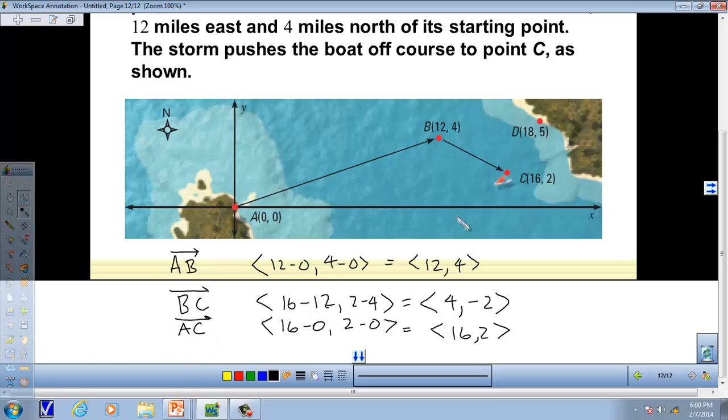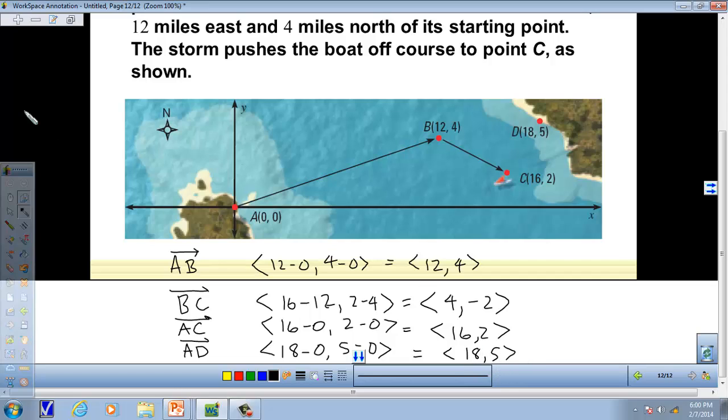The last part of these, we would do from A to D. And again, since we're starting at A, it's pretty easy. We would do 18 minus 0 and 5 minus 0. So that would give us, in component form, 18, 5.